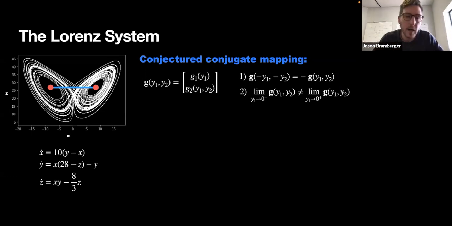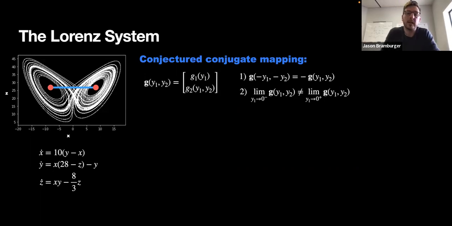This is your butterfly chaos that everybody knows and loves, especially if you're coming from the model discovery community, where the Lorenz system shows up in almost every single paper that's written about model discovery. Now, in this case, I'm going to take my Poincaré section to be that blue bar that connects these 2 unstable orbits at the middle of my lobe.